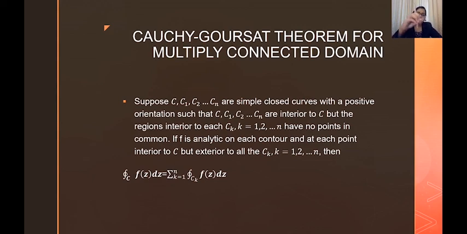So at those points we form different contours, and using the Cauchy-Goursat theorem for multiply connected domains, the integral over C will be equal to the integral over C1 plus the integral over C2 plus the integral over C3, etc. To evaluate these individual integrals, either they will be 0 if the function is analytic everywhere, or the value will be either 2 pi i or 0. Mostly the power will be 1, and if the power is not 1, we have to check accordingly.